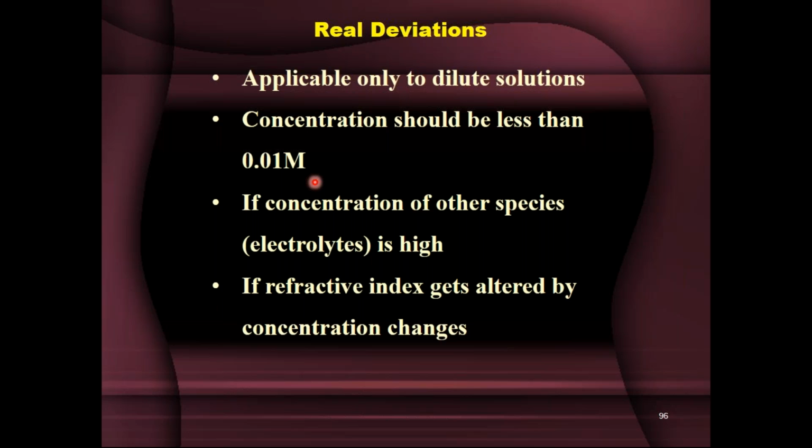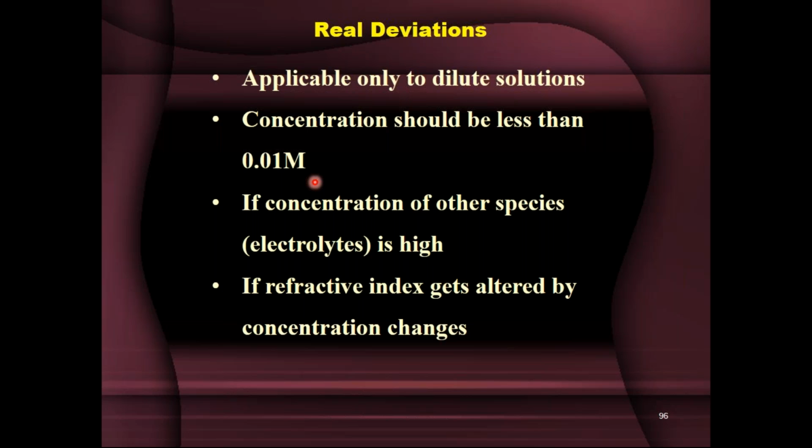So you don't get the correct absorbance as you would get in a dilute solution. You get an altered absorbance or an erroneous absorbance. That means you will get deviations from ideal Beer's plot. And therefore, to avoid this, and more the concentration, greater would be this deviation.